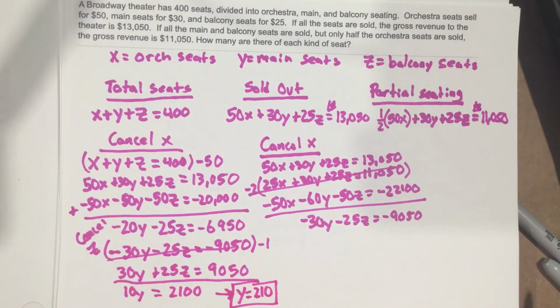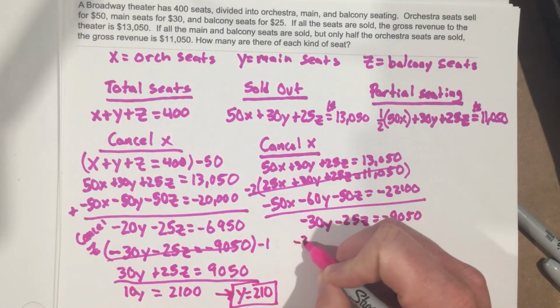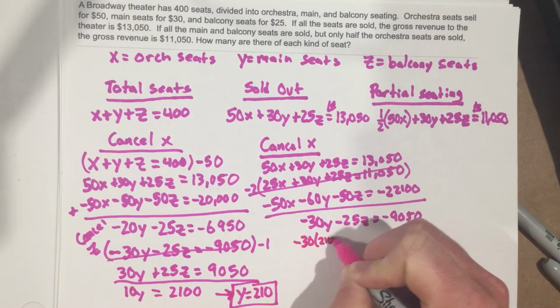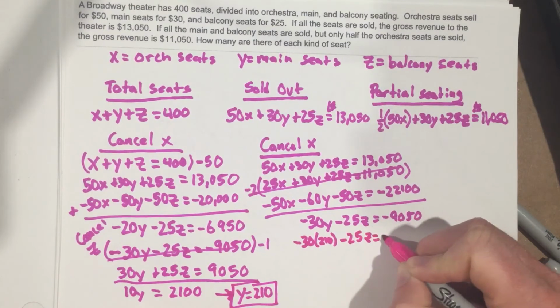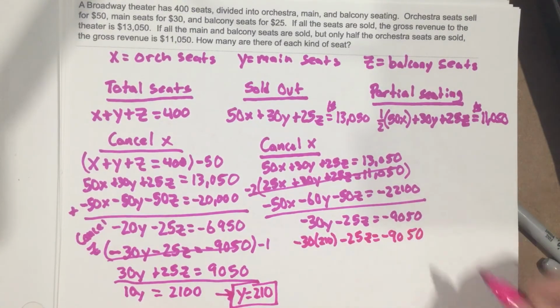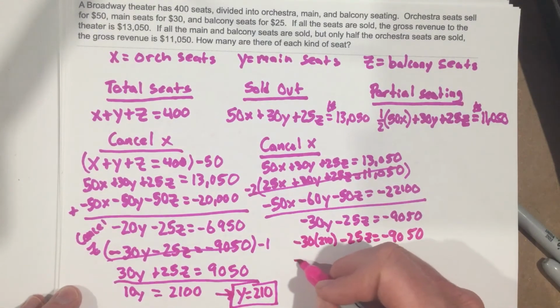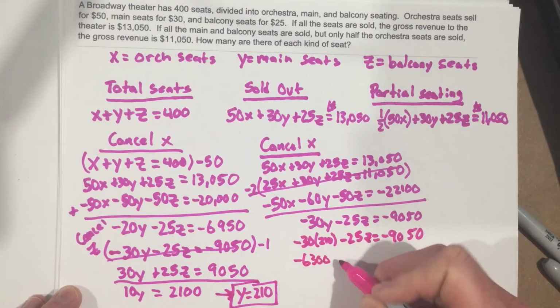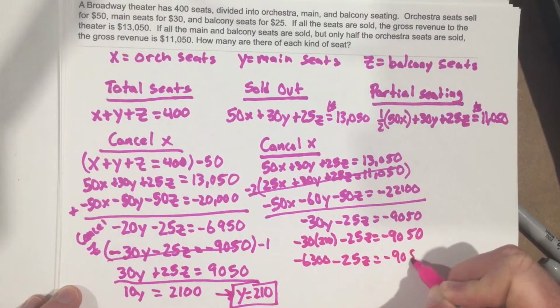We can start to substitute these back in. So I want to find Z. So I'm going to plug in 210 in for Y, so negative 30 times 210 minus 25Z equals negative 9,050. Negative 30 times 210, negative 6,300, minus 25Z equals negative 9,050.